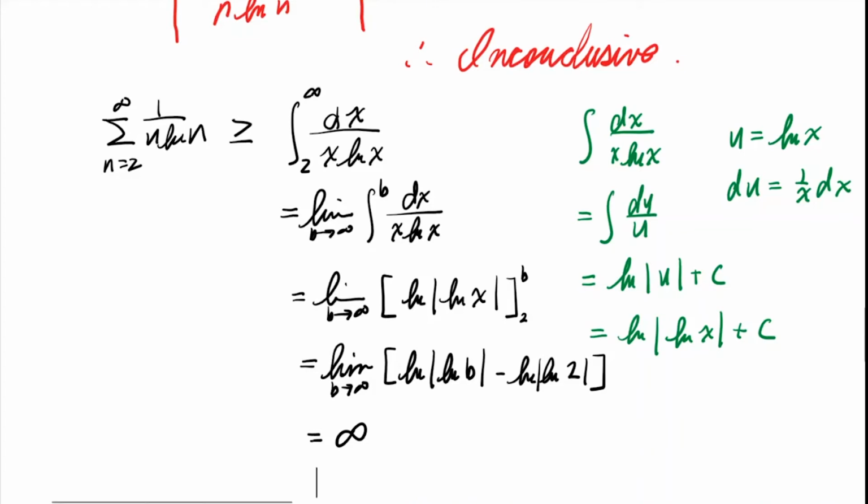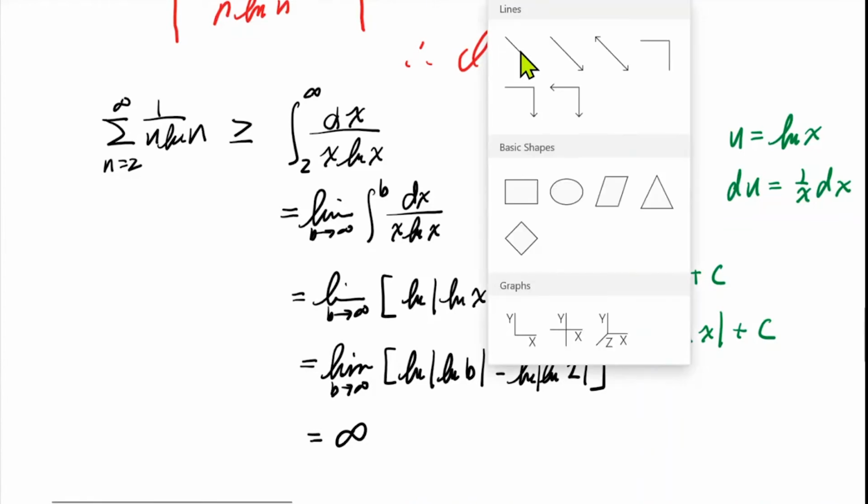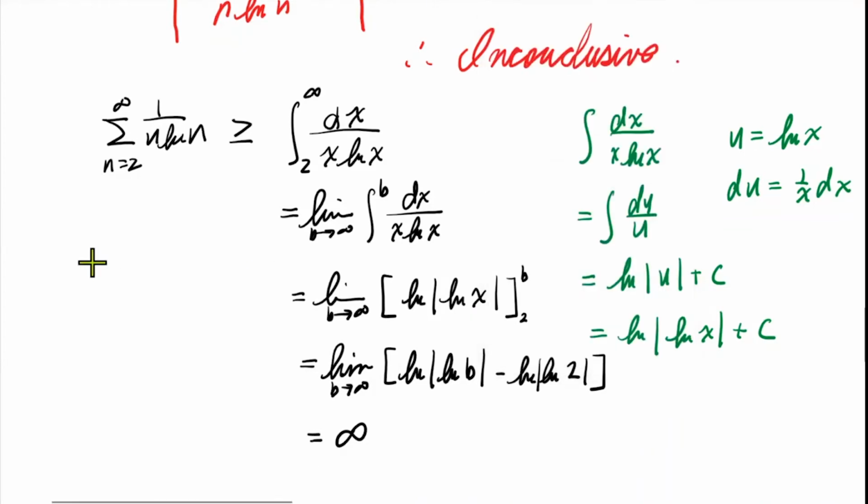Okay, here comes the rectangles. I guess I'll draw them here. Say this function, it's got to look like this, right? 1 over x times ln x. And this area starts from 1 right here.